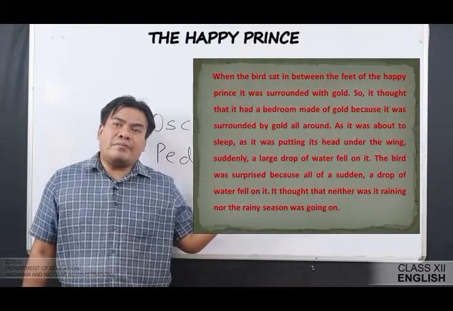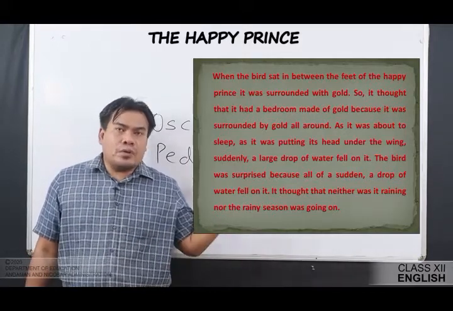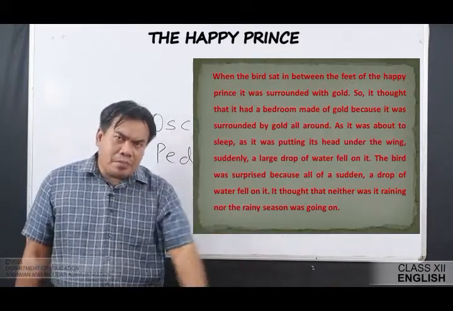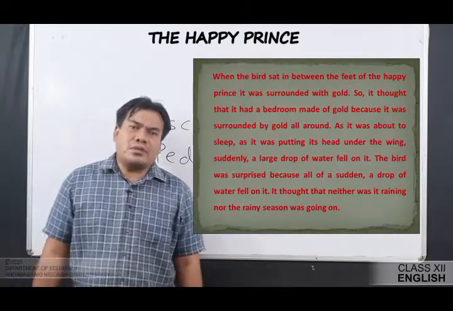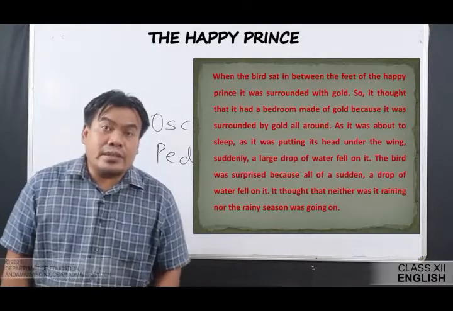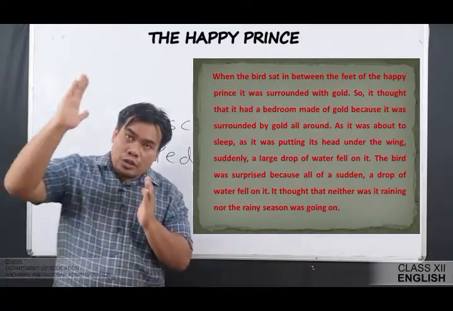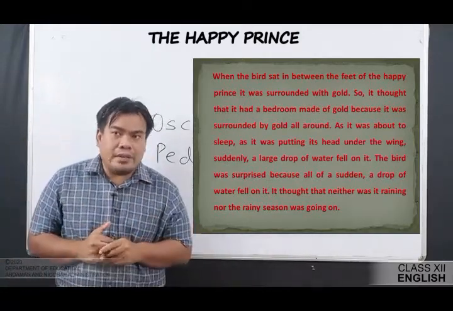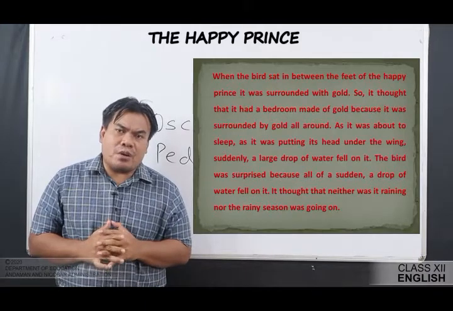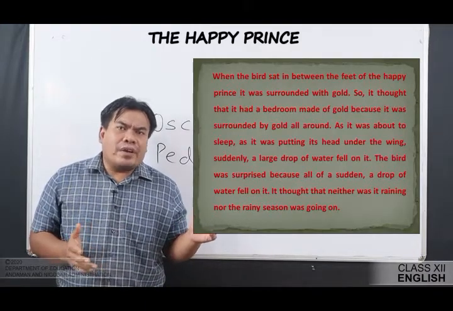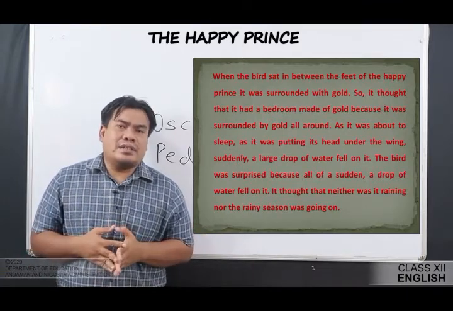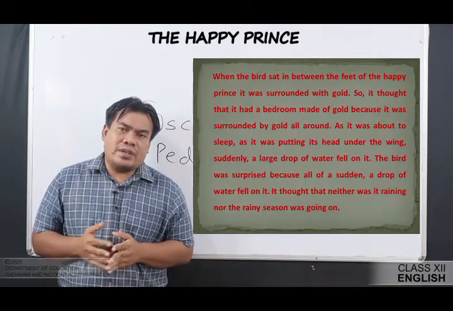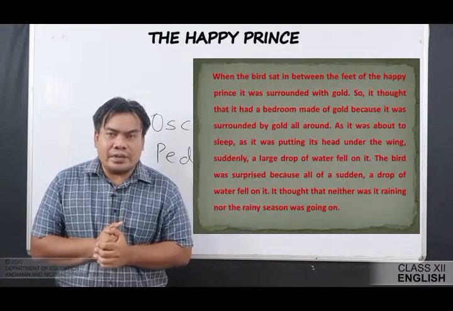When the bird sat in between the feet of the Happy Prince, it was surrounded with gold, so it thought that it had a bedroom made of gold. As it was about to sleep, putting its head under the wing, suddenly a large drop of water fell on it. The bird was surprised because it was not raining.